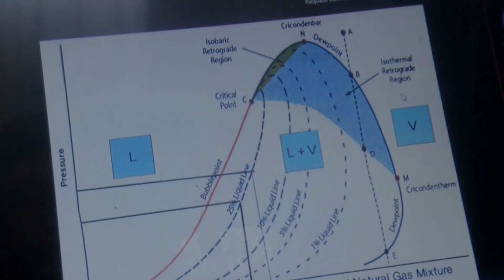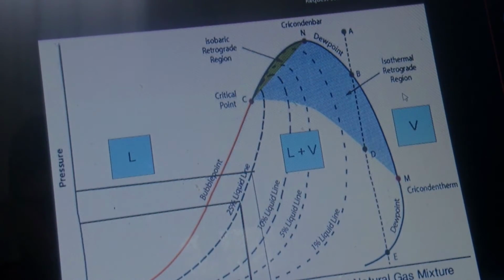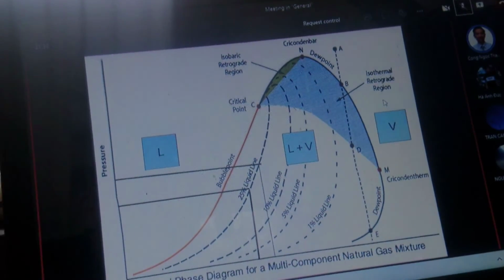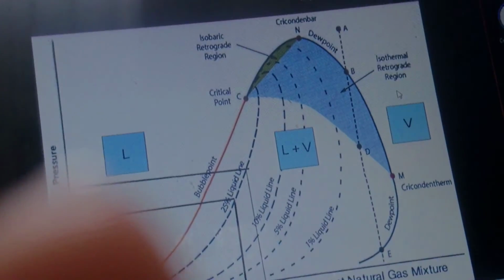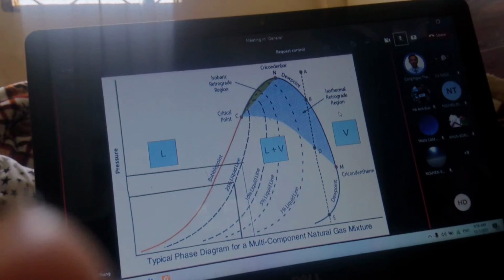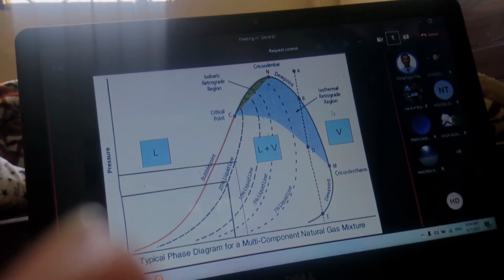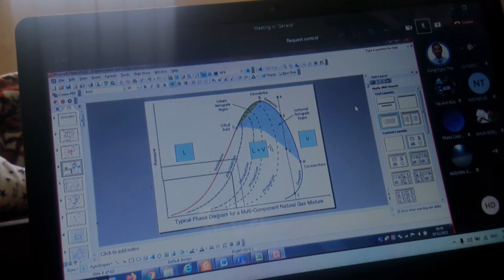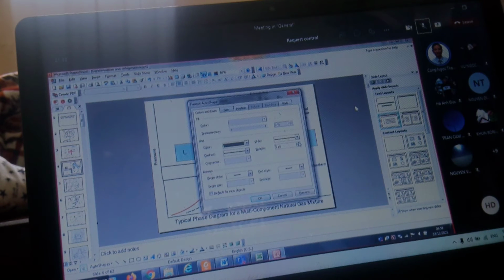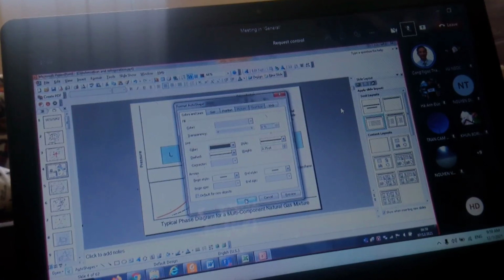How about the mixture? The mixture is nearly similar. Do you remember this diagram? We already discussed this phase diagram for the multi-component mixture.